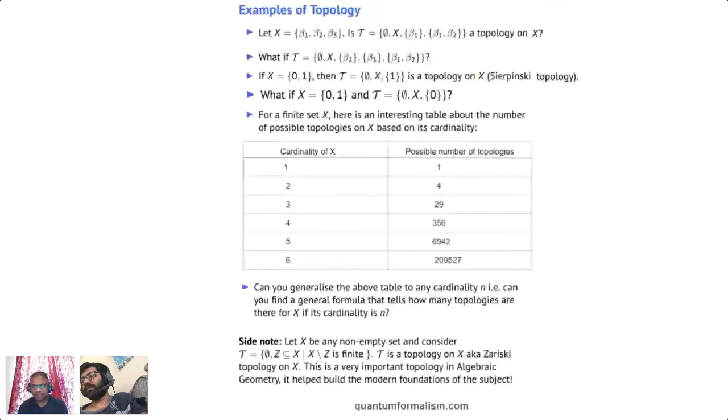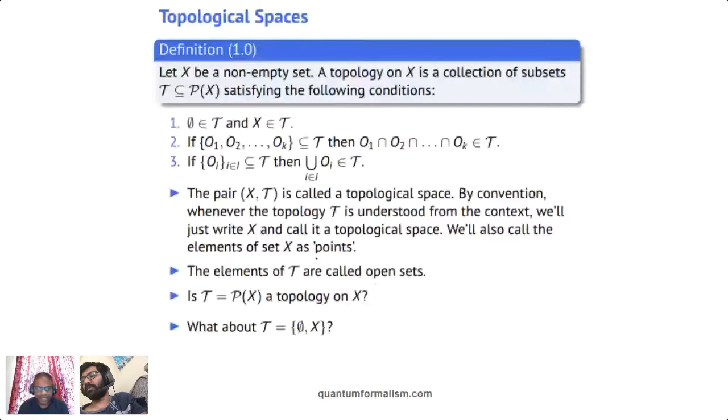Now, one thing I forgot to mention: the elements of the topology are called open sets. When we get to the metric topology section, you might see a hint as to why they are called open sets in the first place.